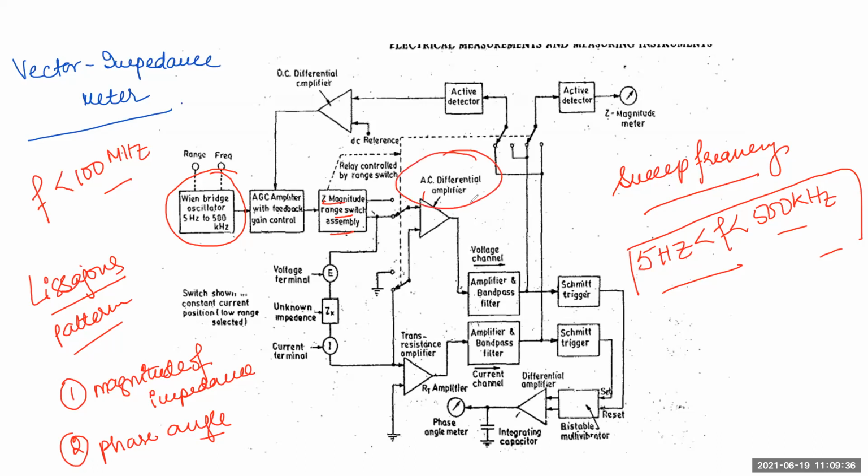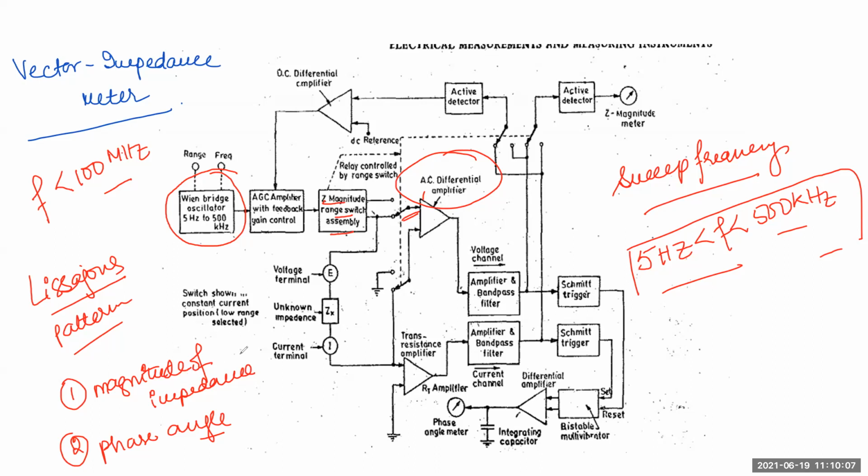This is the AC differential amplifier whose input is connected to the constant current mode of this switch assembly. The current supplied to the unknown impedance depends upon what range of switch we are using, and this current is then used for further purposes. Now it comes to the next stage.